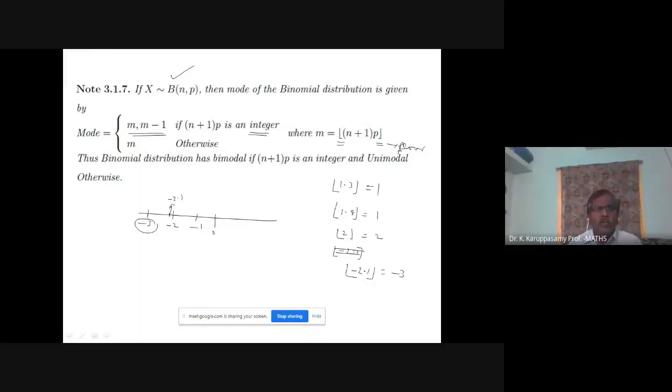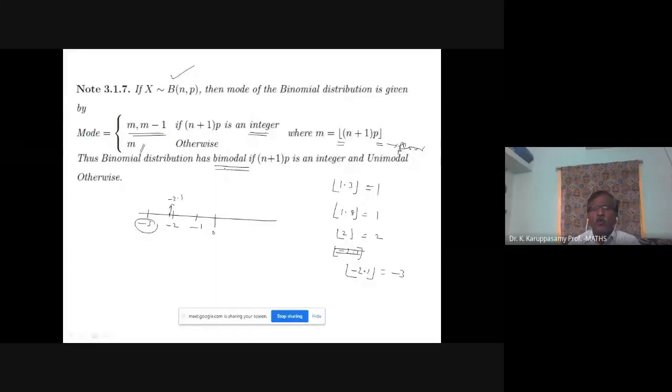So mode equals m and m minus 1 if n plus 1 p is an integer. Sometimes n plus 1 p is not an integer. It may be a fraction, like 5.7. In that case, the distribution is unimodal, mode equal to only m. If you are getting m minus 1 as well, it is called bimodal.